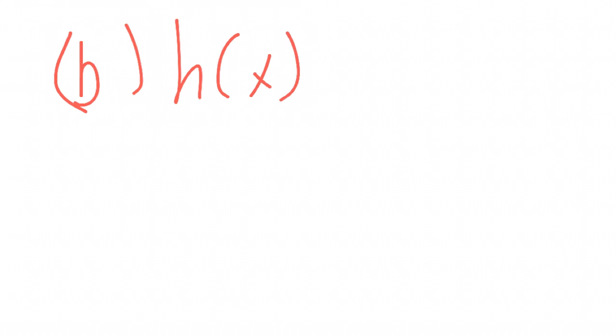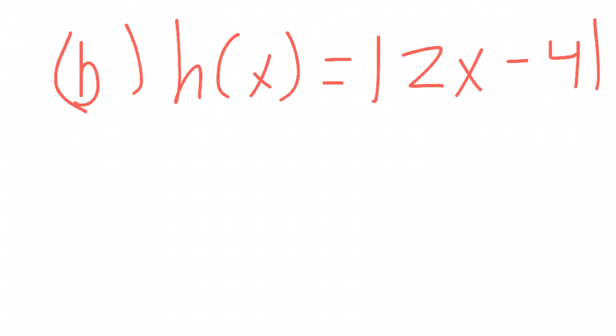h of x equals absolute value of 2x minus 4. Now you could say that it looks first like it's shifted to the right 4 units, but the 2 in front of the x is kind of throwing us off.